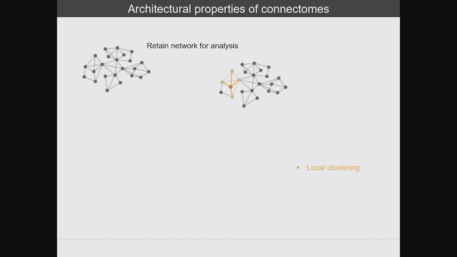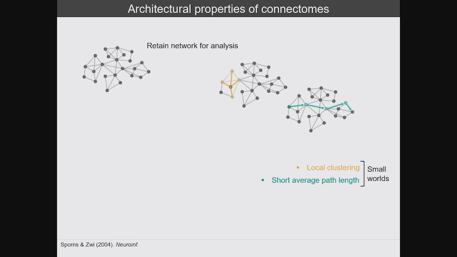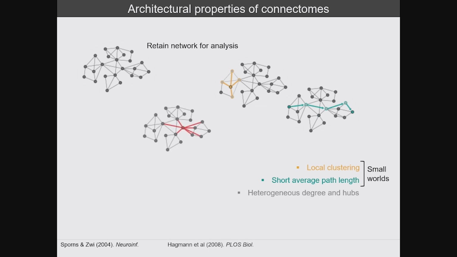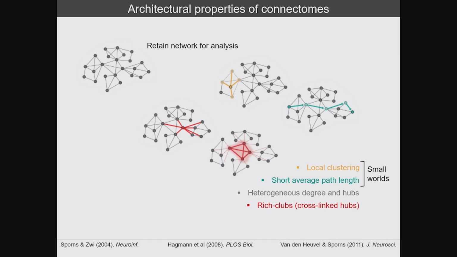Again, we know a lot about this connectome, at least we think we do. We've measured very interesting properties, like local clustering, a measure that I'm not going to focus on because it's already been introduced. We've measured the path length of the network, and together, the high local clustering and short average path length tells us about the so-called small world property. We've observed heterogeneous degree distributions, so a small number of nodes make more connections or seemingly more important than others, suggesting that they might be hubs, and that those high degree nodes form a cross-linked subnetwork called a rich club.